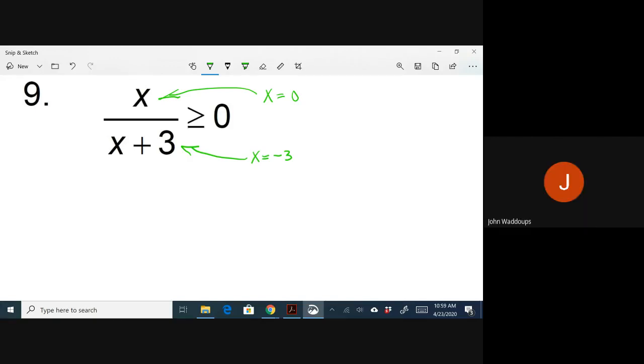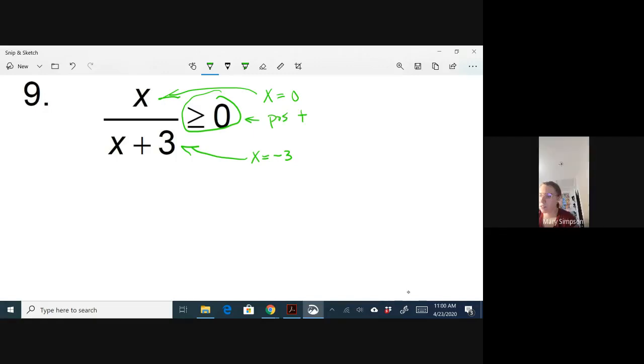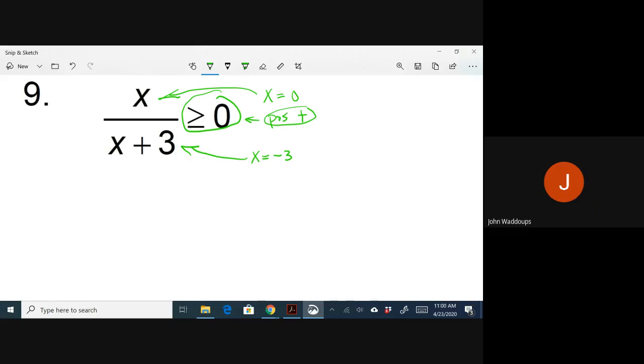And we're considering that this is going to be true when we've got greater than or equal to 0. That means this would be positive. And when the expression is less than 0, would that be negative? Right, if it's less than 0 or less than or equal to 0. Okay.